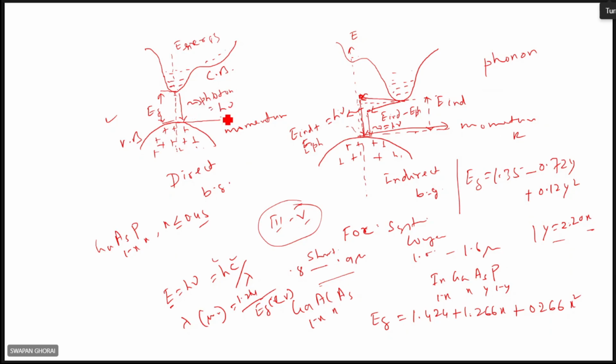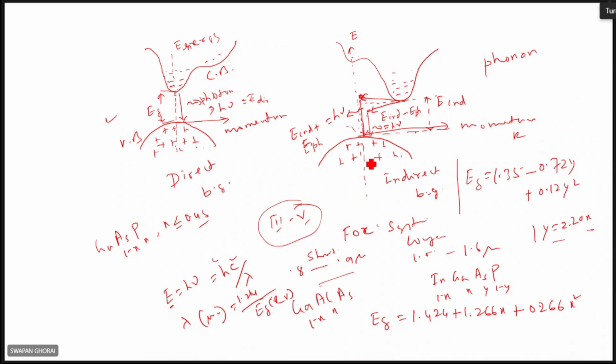So h nu equals the photon energy, Eg equals E direct. So this is a direct bandgap material.